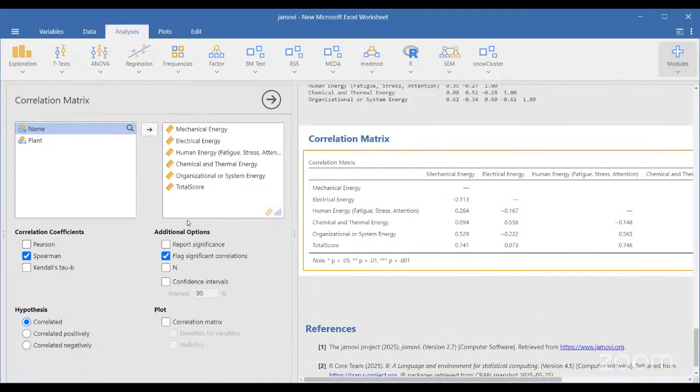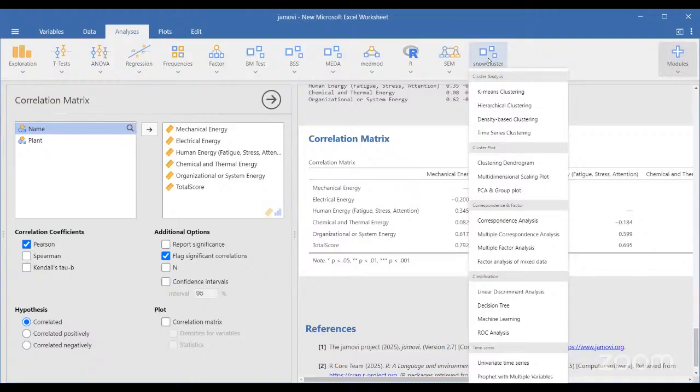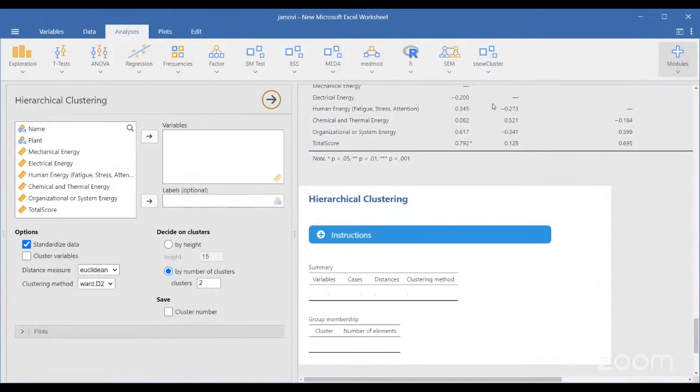Acha, you go to this, another thing you have written, a cluster. You click that one. Then hierarchical clustering. And now you select the row. We have to transpose the data. Is there any transposition? You go to the data.